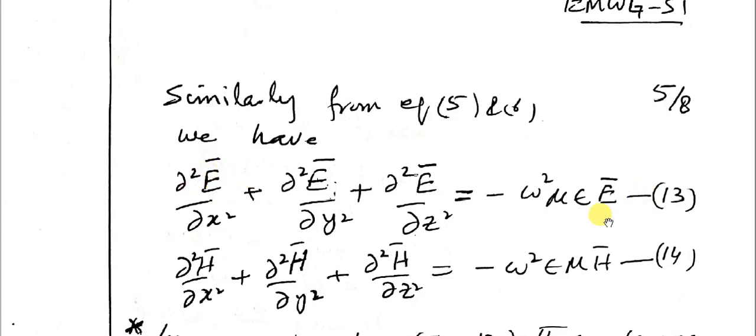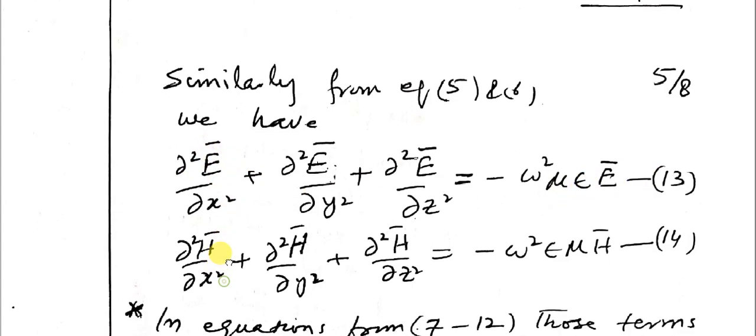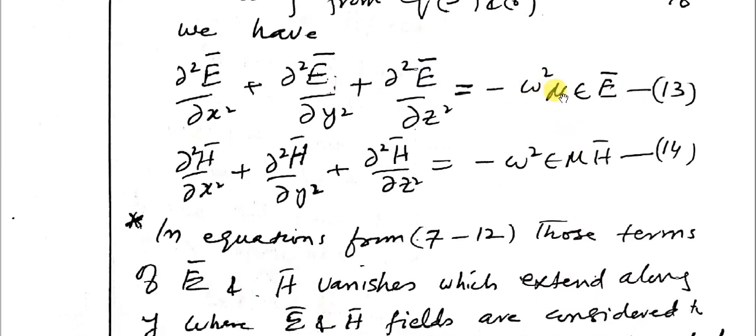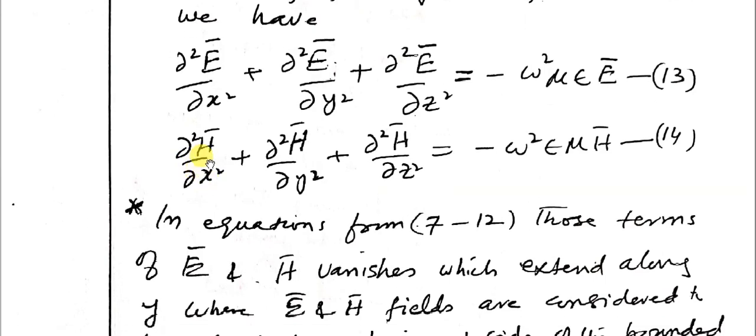So we can express del square E by delta x square plus del square E by delta y square plus del square E by delta z square equal to minus omega square epsilon mu E. And similarly for H, del square H by delta x square plus del square H by delta y square plus del square H by delta z square is equal to minus omega square epsilon mu H.